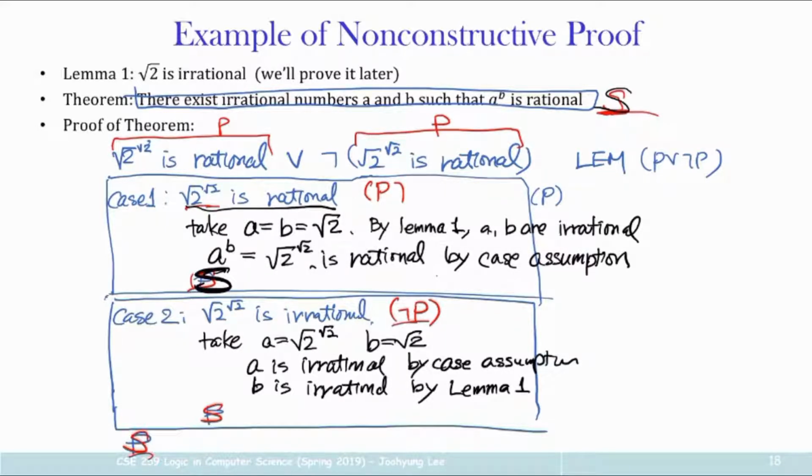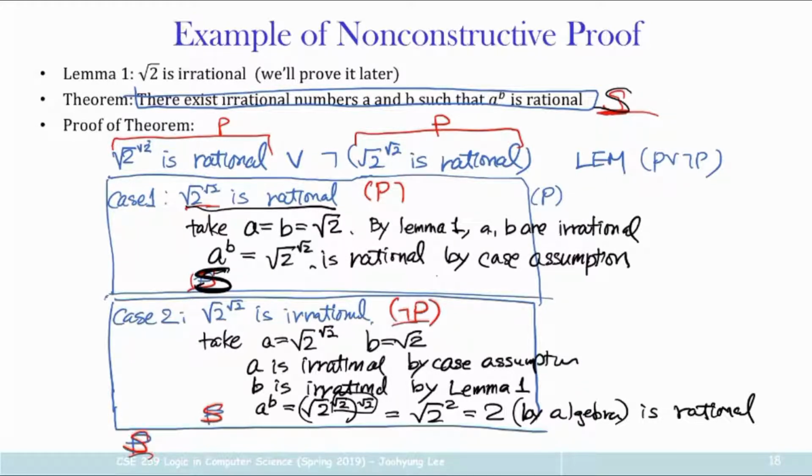What about a to the power b? This becomes square root of 2 to the square root of 2, to the power of square root of 2. And the algebra tells us that the exponents can be multiplied, and this is actually 2. And this is rational. 2 is a rational number because 2 can be written as 2 over 1.